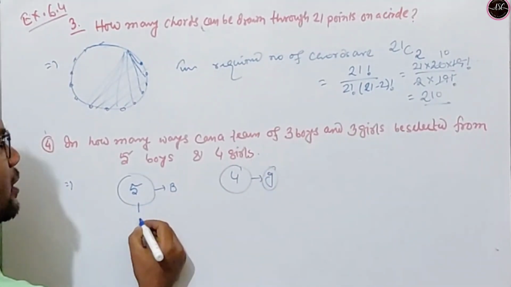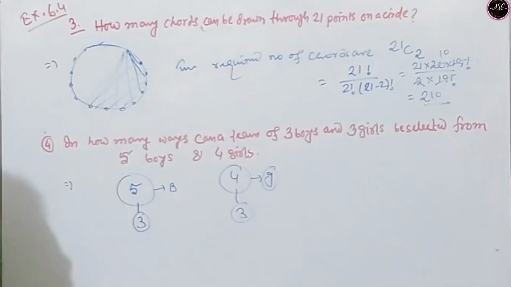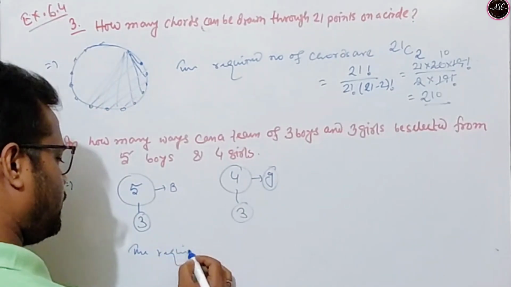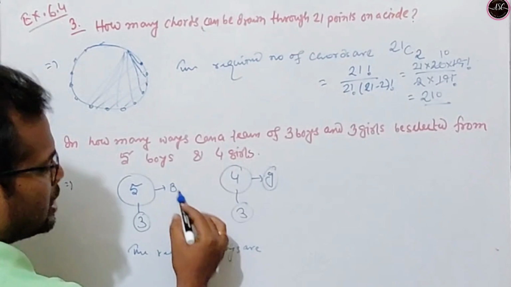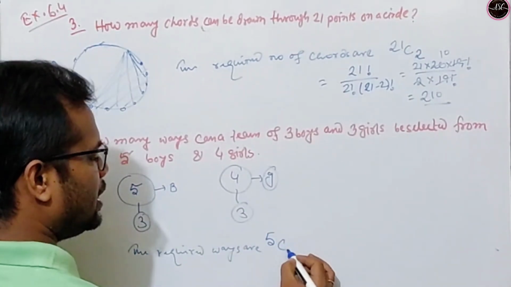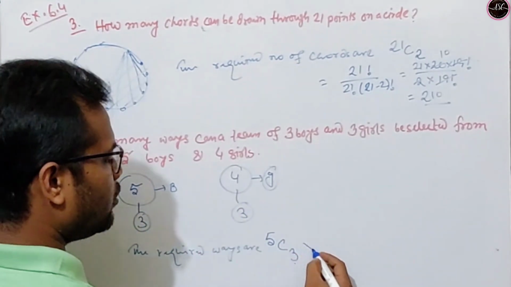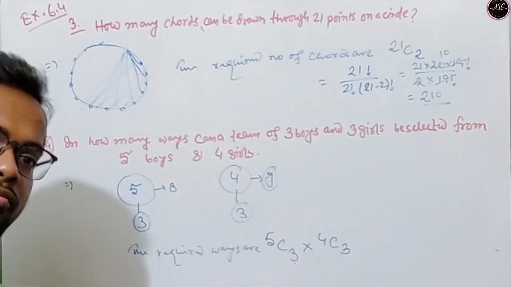So the required ways are, just multiply the combination 5C3, that means 3 boys selected from 5, into 4C3, 3 girls selected from 4 girls.